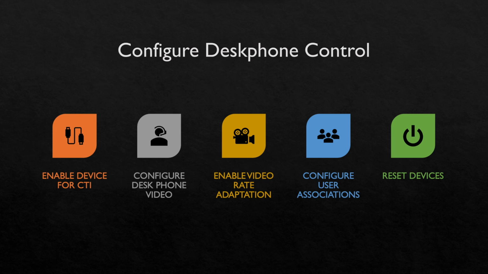RTCP is enabled on softphone devices by default. However, you must enable RTCP on your desk phone device as well. And then you can enable RTCP on a desk phone on a common phone profile to enable video rate adaptation on all devices that use that profile.